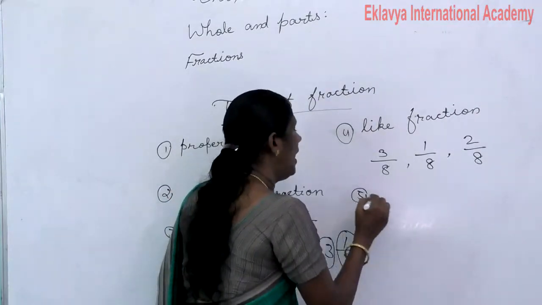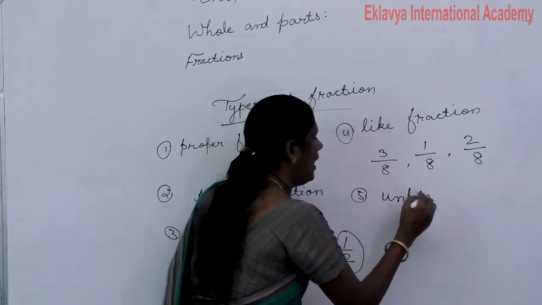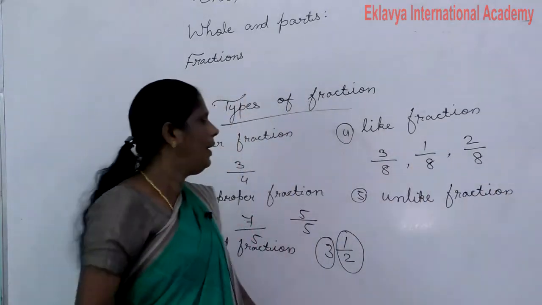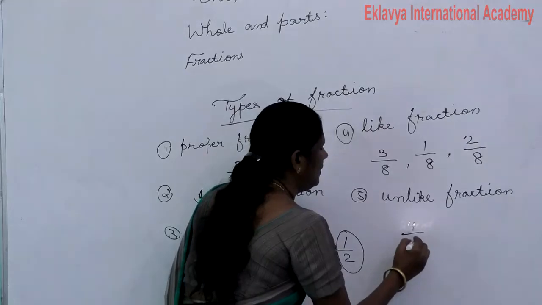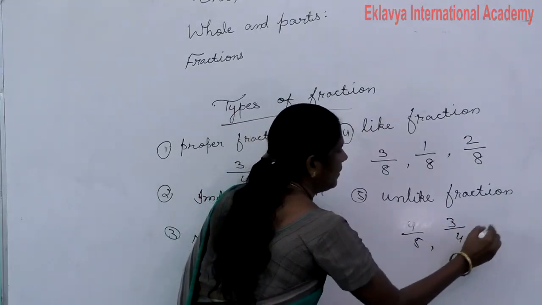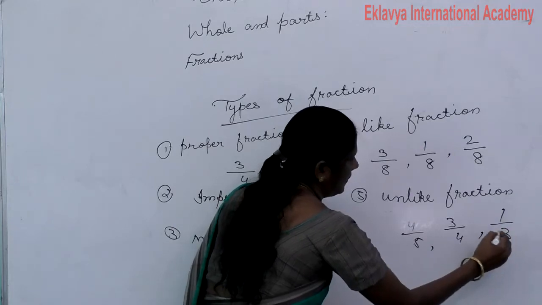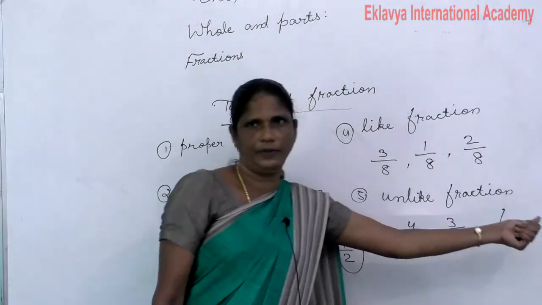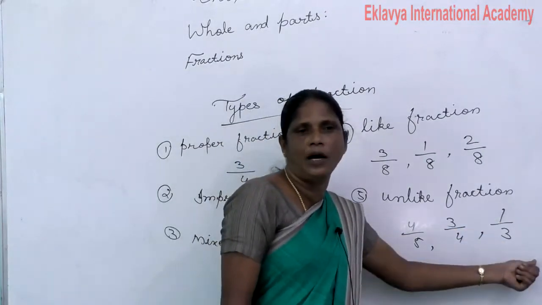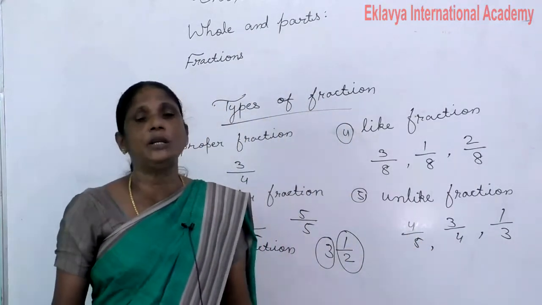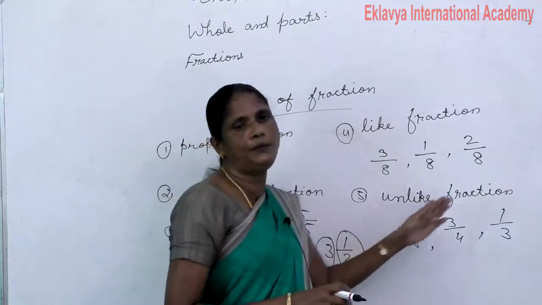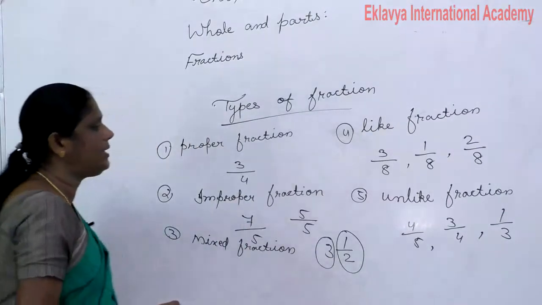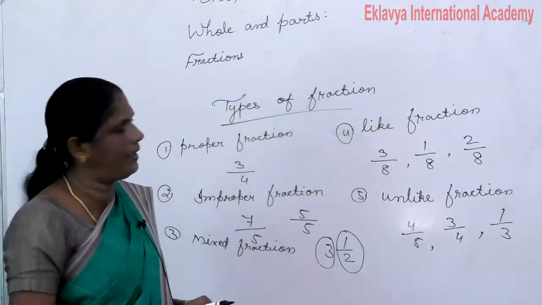Then fifth, unlike fraction. Here the denominators are different. That fraction is called unlike fraction.